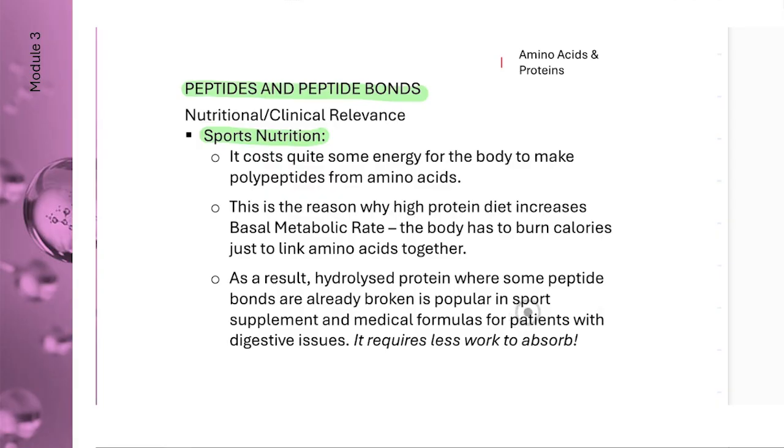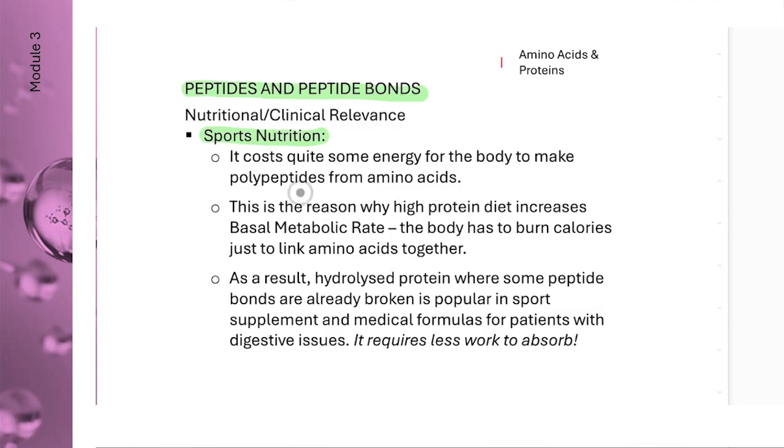So if you look at the drinks that are usually given to athletes, you find that they have, apart from glucose, short polypeptides, and this helps in aiding the body's absorption, because if they were in just amino acids like glucose, the body is going to use a lot of energy in absorbing them.